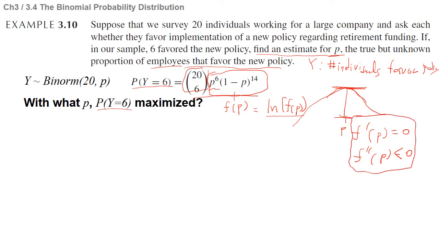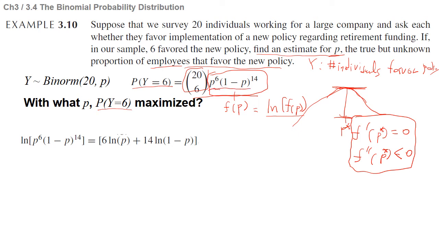With this condition holding, you are going to have a local maximum at point p star, and we want to find this p star position. Okay, so let's get started.